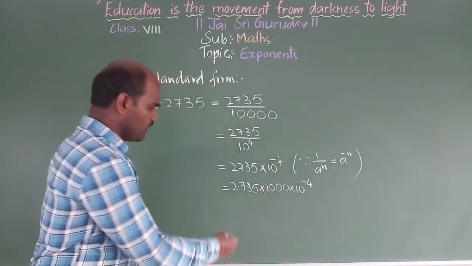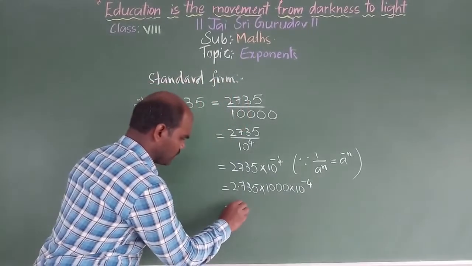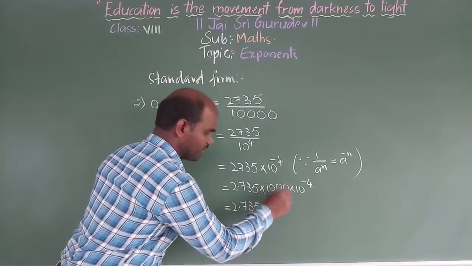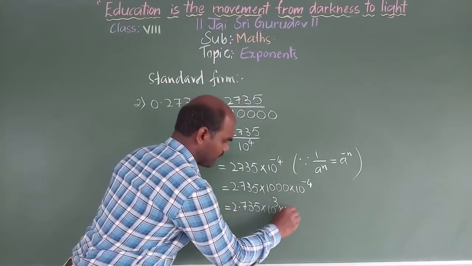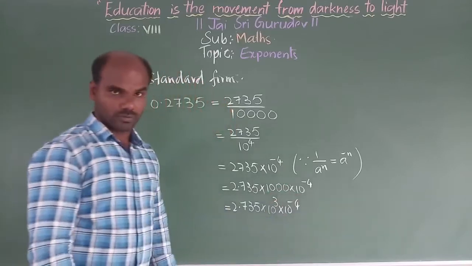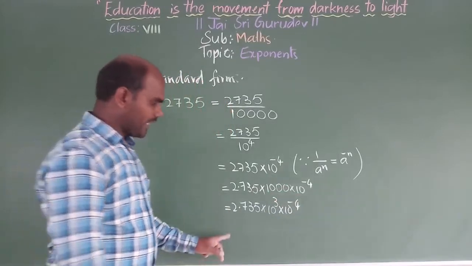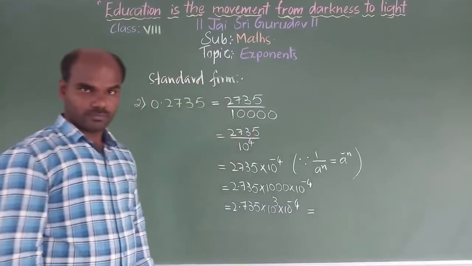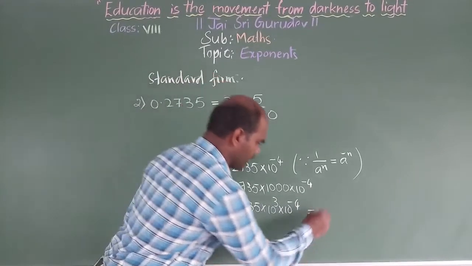So that equals 2.735 into 10 power 3 into 10 power minus 4.